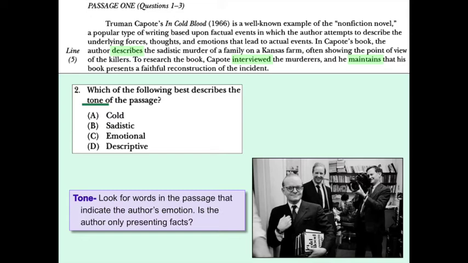So for number 2, the answer is not A, B, or C, because these are all emotional tones. But we don't see any emotional words. So here, the answer is D, descriptive. The author is only presenting facts about the topic.